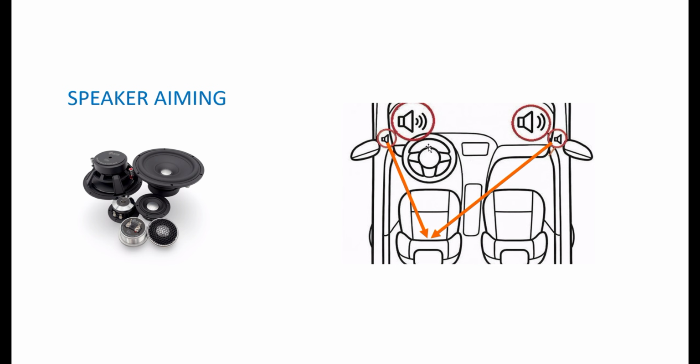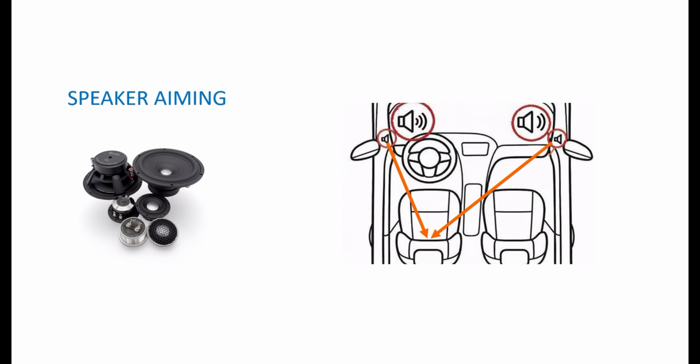So you kind of want to aim the passenger tweeter directly at the driver's ear, and you want the driver's side tweeter and mid-range to be kind of aiming at the driver's inside shoulder, the shoulder that is closest to the console, right? Just to avoid the reflections from this glass side area here. But for all intents and purposes, you're going to have the tweeters and the mid-range on axis at the driver.